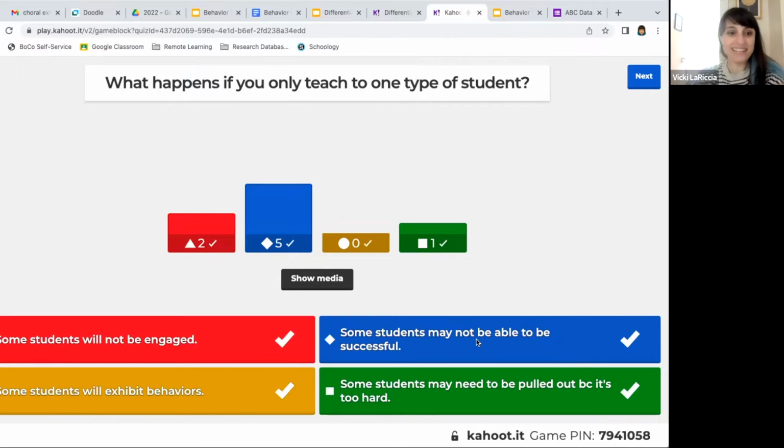Some students will not be engaged. Some students will exhibit behaviors, which we'll talk more about in our second class today. Some students may not be able to be successful, and some students might need to be pulled out of your class because it is not accessible. It's too hard. So, sorry if that stumped anyone. I had 2 trick questions on there.